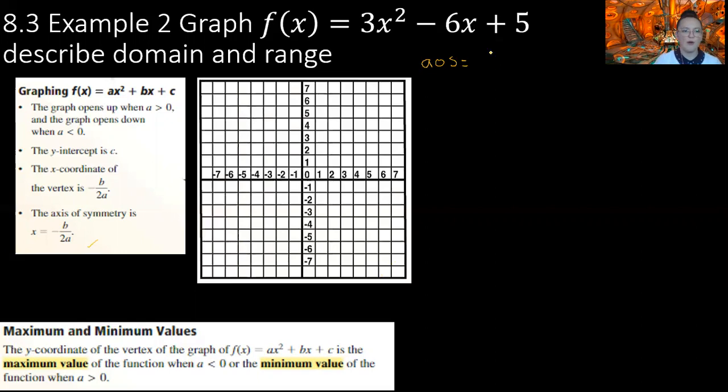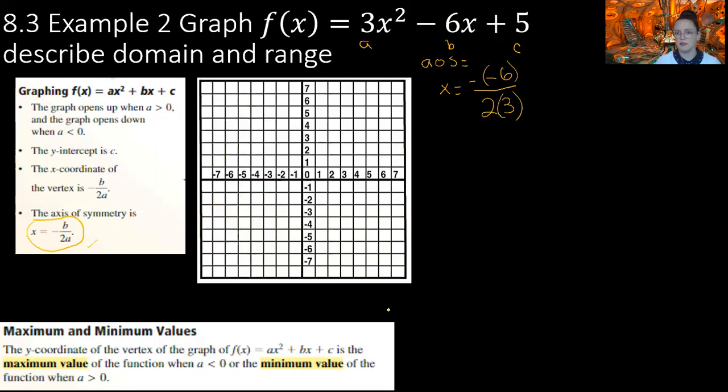All right, so our axis of symmetry, that means we're going to follow this formula over here. Our x equals the opposite of b. Remember, this is our A, our B, and our C way up here. So our axis of symmetry, and our B, in this case, the opposite of our B, we can just go straight into it, is -6 over 2 times our A, which is 3.